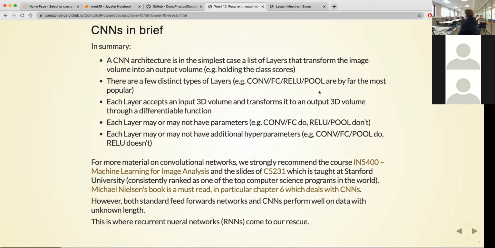So there are some pros and cons, which we are going to discuss throughout the lecture. If we look at feed-forward neural networks and CNNs, they do not normally perform well on data with unknown length. And this is where recurrent neural networks become interesting for us.